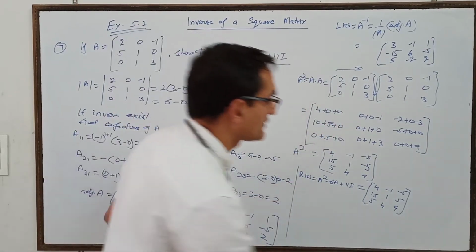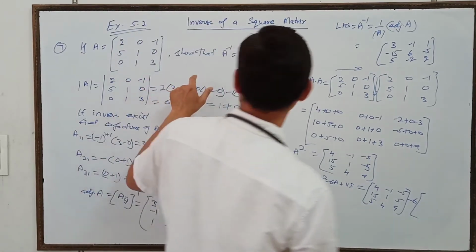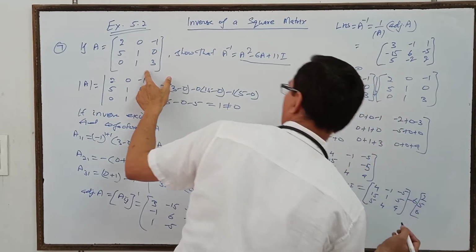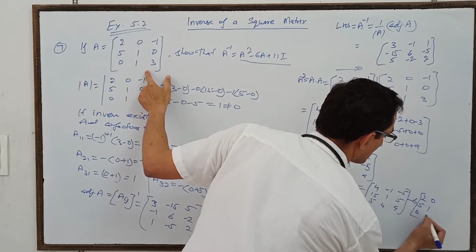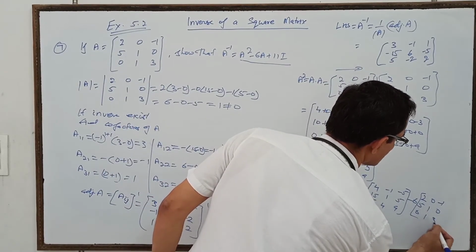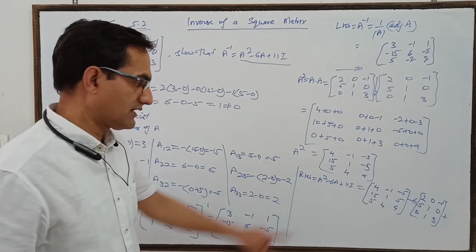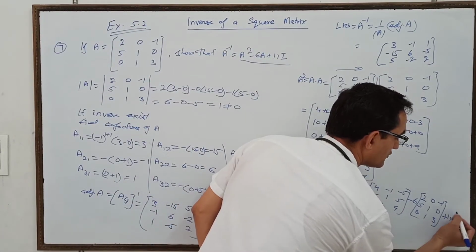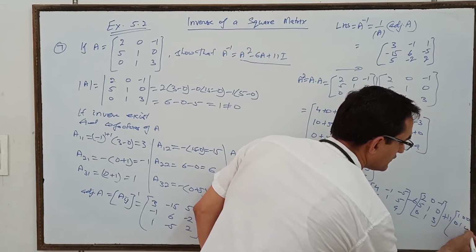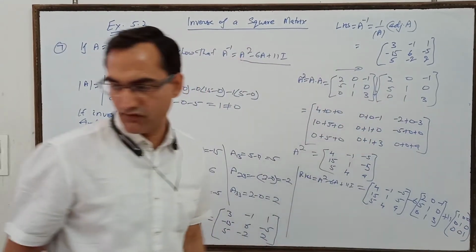Next is minus 6 into A, where A is 2 5 0, 0 1 1, and minus 1 0 3, plus 11 into identity matrix of order 3: 1 0 0, 0 1 0, 0 0 1.